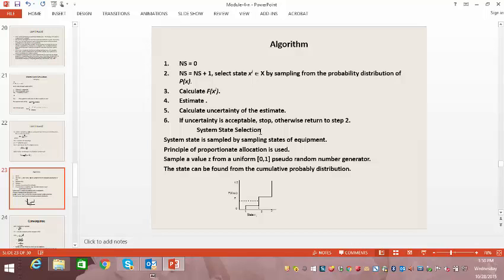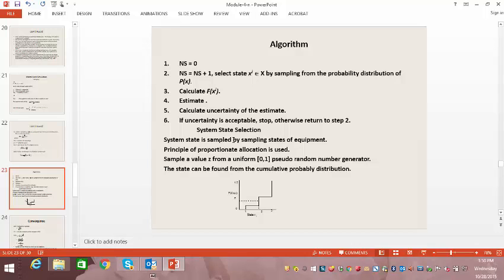So how do you select the system state? Because you do not have the probability distribution of all the states of a system. So basically, you pick up each component, because you know the probability distribution of each component, and then you combine the component states to form the system states.